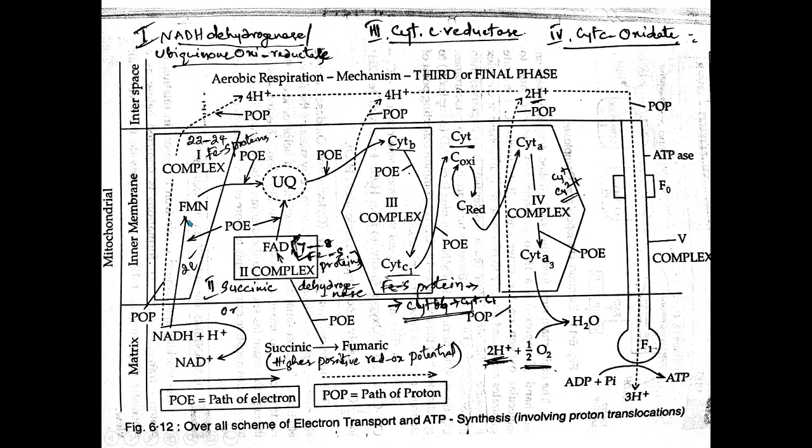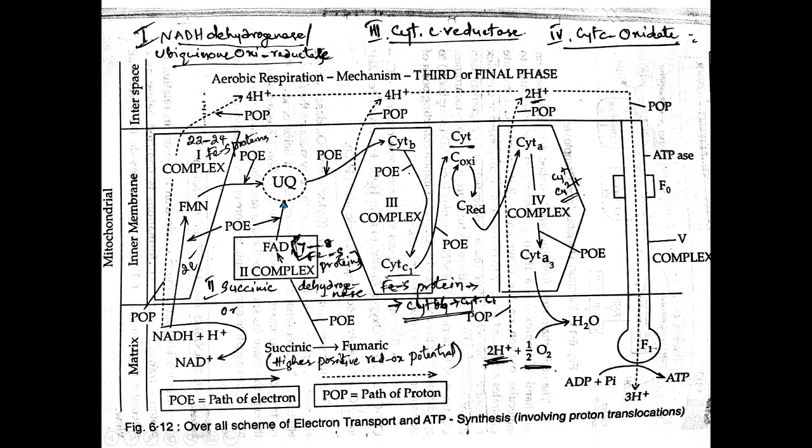These electrons are first accepted by FMN, flavin mononucleotide, which is a coenzyme or prosthetic group. From this, the electrons are transferred to ubiquinone. This transfer is done by iron sulfur proteins from FMN. These iron sulfur proteins carry the electrons to ubiquinone, where ubiquinone is reduced to ubiquinol.